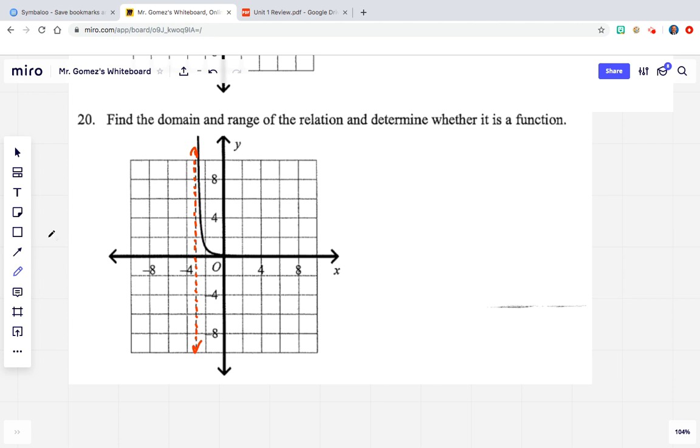But for this graph, all we need to determine is that this curve wants to get very, very close to this vertical line. As it's going to the left, it's getting extremely close to x is equal to -3. It will never touch, but it is going to get infinitely close.